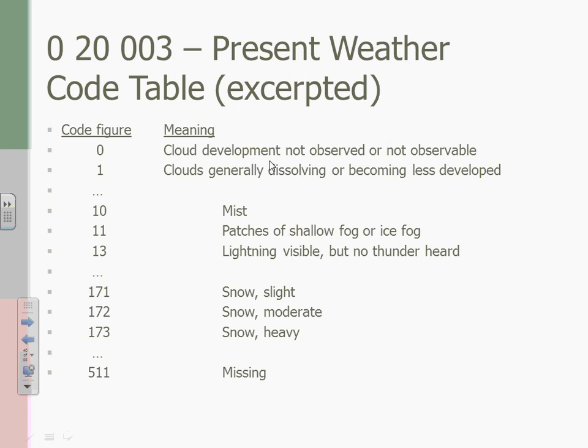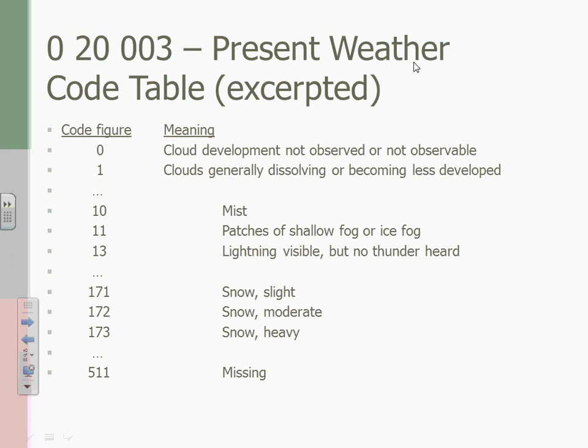This is an example of a code table. So if a descriptor has a code table, of course there is a code table corresponding to that descriptor. And for example, 020003 is present weather.